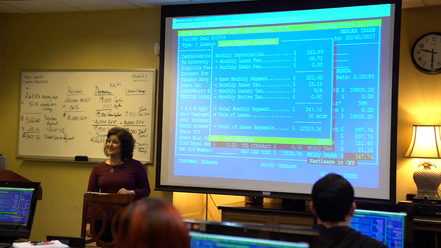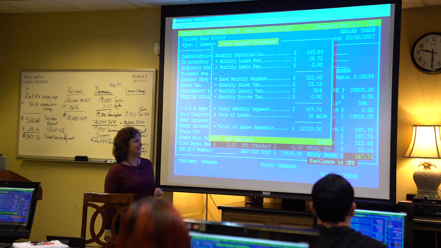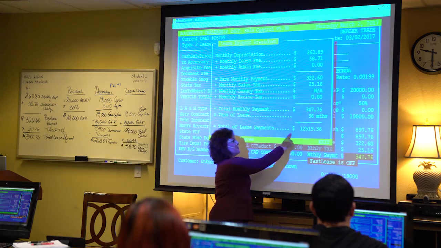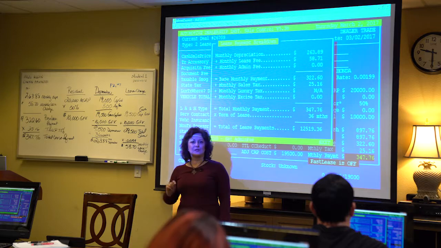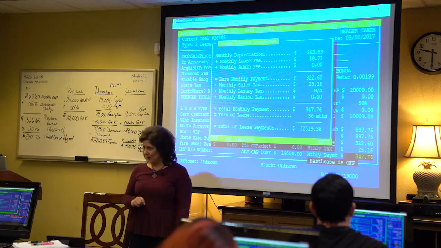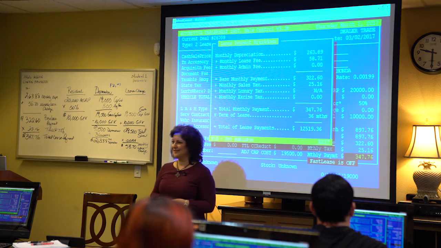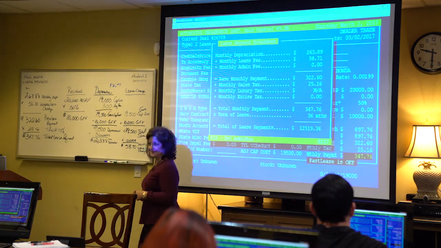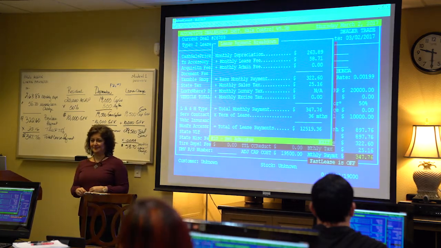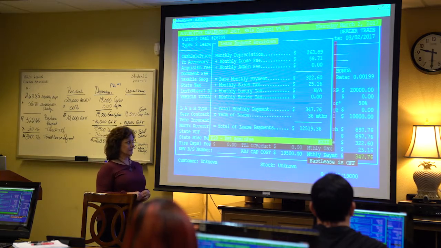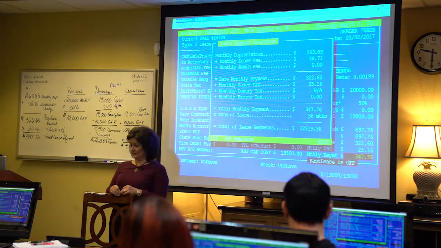Our payment's $347.76 for 36 months. This number here just shows the total payments times the term, which would equal $12,519.36. So essentially they're paying $12,000 to drive the car for 3 years.